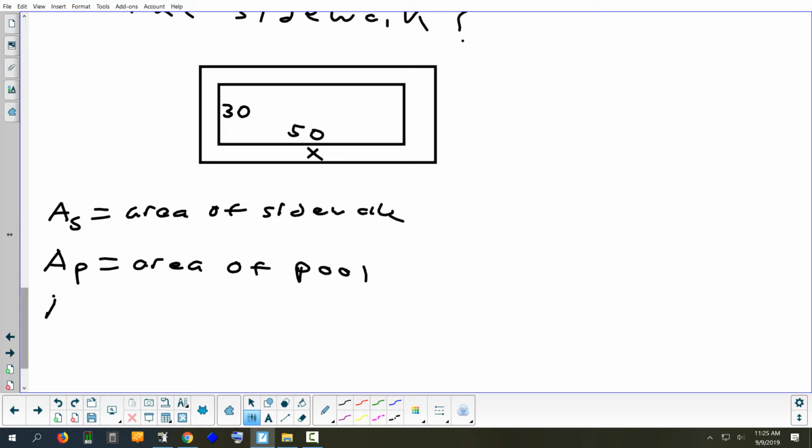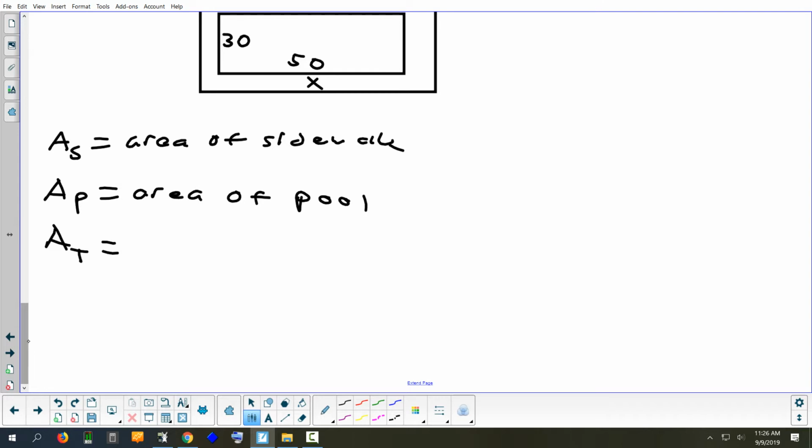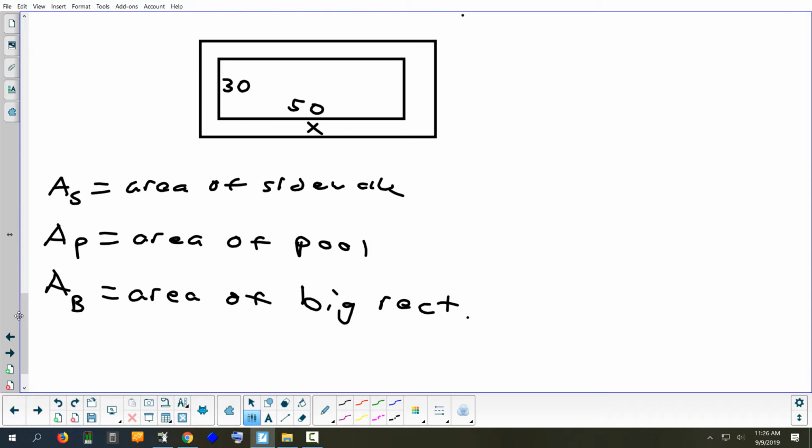We'll call A sub T the area of the, actually, you know what, we'll call it B, the area of the big rectangle. Let me see how I could get the area of the sidewalk somehow using those three, setting up an equation with those three things.